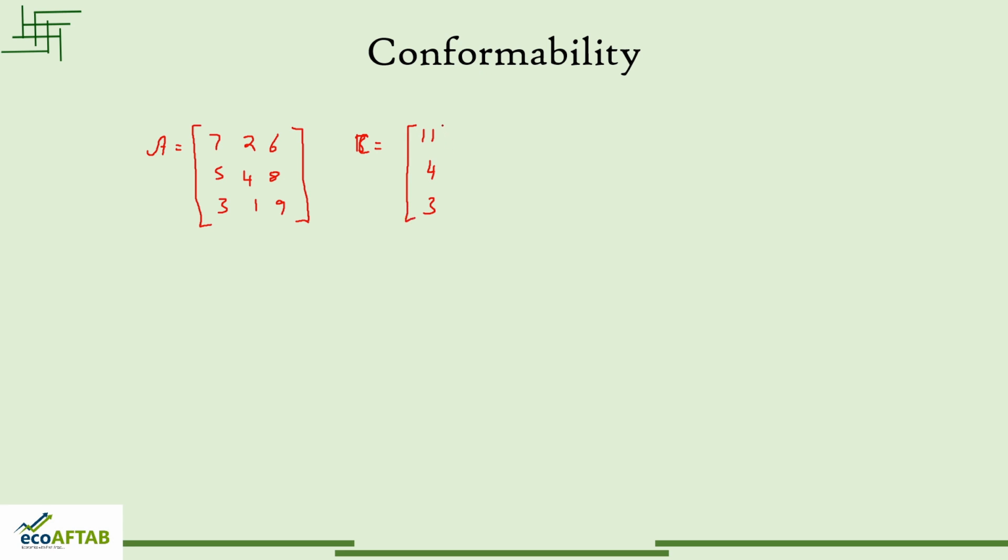So first, friends, we have to see what the dimension is. This is a 3 by 3 matrix and this is a 3 by 1 matrix. I hope it is clear. See here, column 1, column 2, column 3.